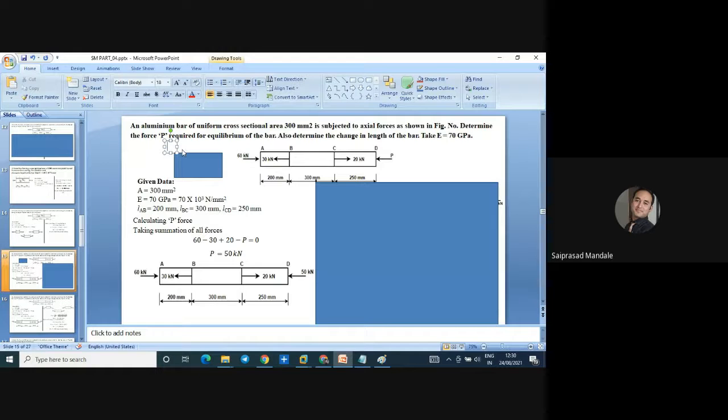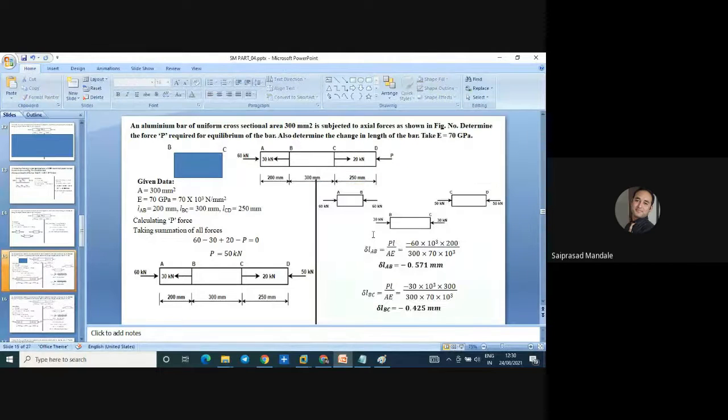If it is BC, how much should it be? 30 kilonewton. Tensile or compressive? Compressive. Okay. And what about CD? That is 50 over here. So this is a very simple numerical, the same as the previously conducted numerical.